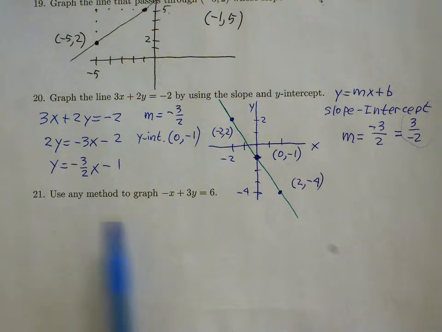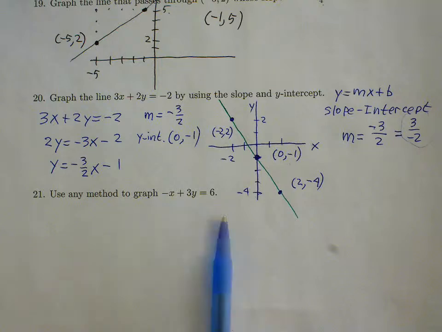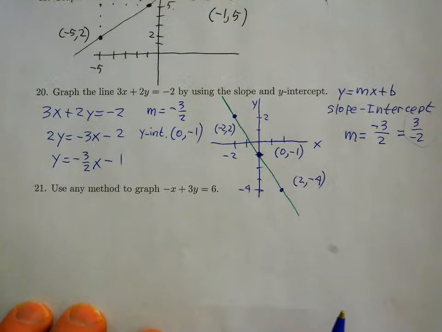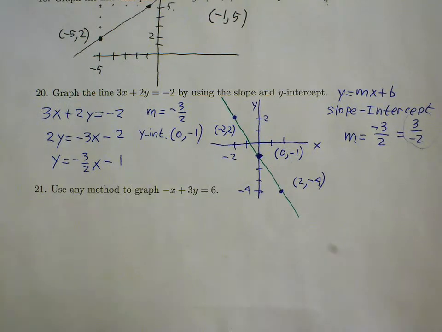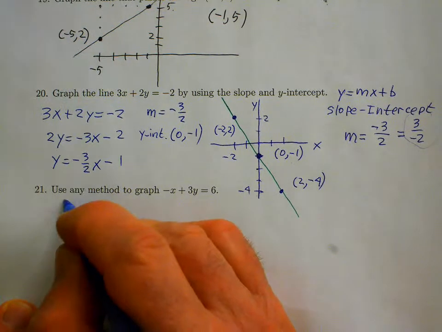So we have infinitely many choices for ordered pairs to graph this line. But usually we try to pick things so that the process is easier rather than harder. So what method do you want to use?